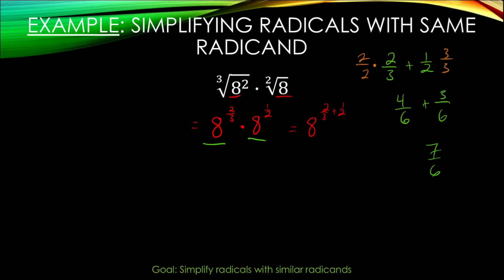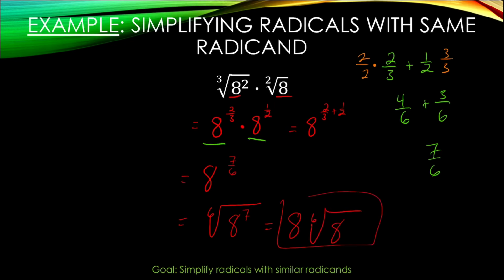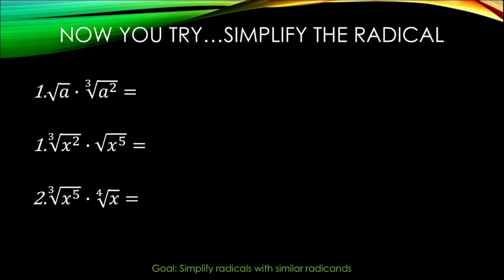So now I can say this is 8 raised to the 7/6 power. Or I can say it is the 6th root of 8 to the 7th, which simplifies to be 8 times the 6th root of 8. Perfect. I want you guys to give these a try, simplifying these radicals.